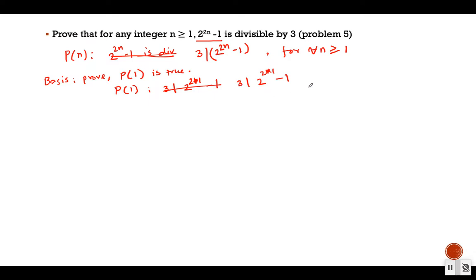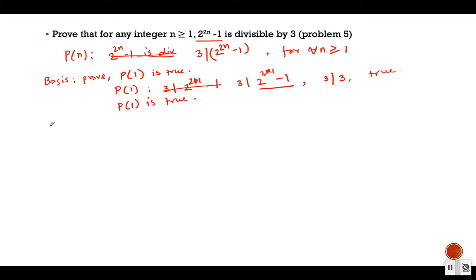So here we can see that 3 divides, and this is evaluated as 2 squared minus 1, which is 4 minus 1, which is 3. So 3 divides 3, and that's true. So we proved that P(1) is true.